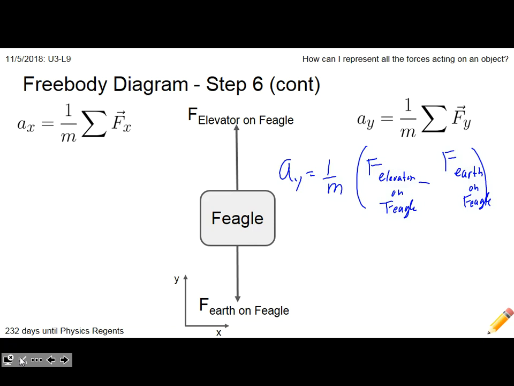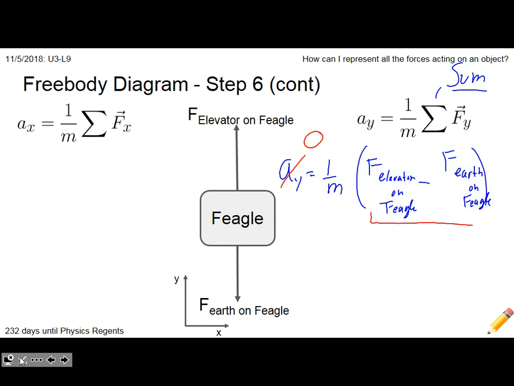And now we're going to use that new piece of information. Yeah, Shelly. Yep. So our sum was the force of elevator on Fiegel, subtract the force of Earth on Fiegel, and with that new piece of information from the question, the acceleration in the y direction is 0.